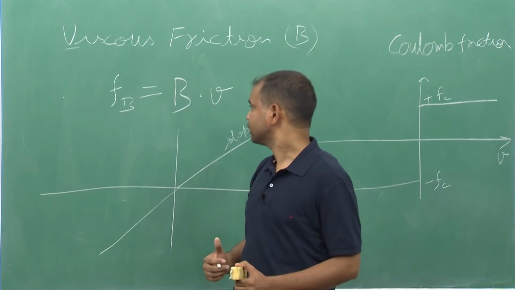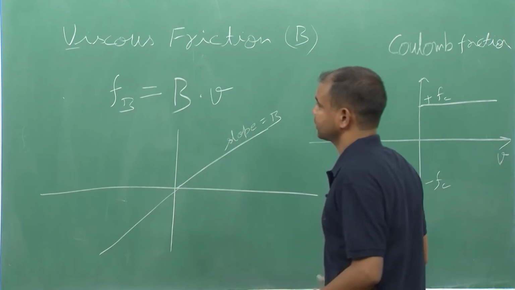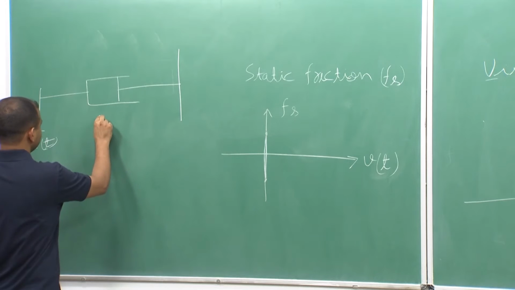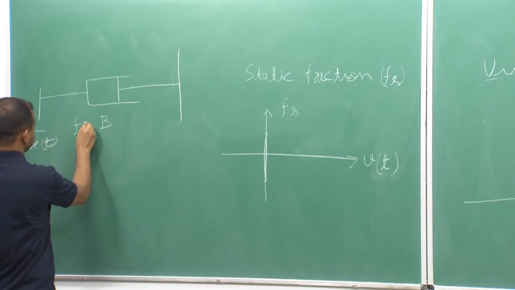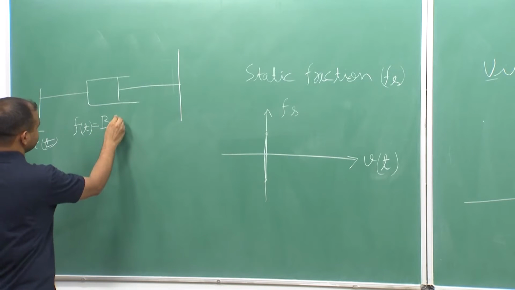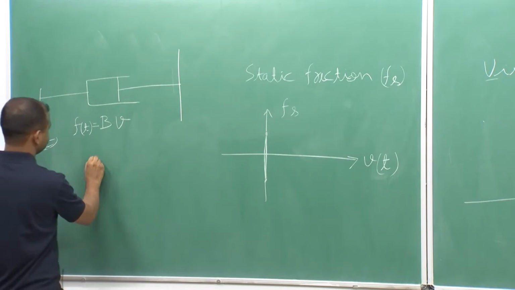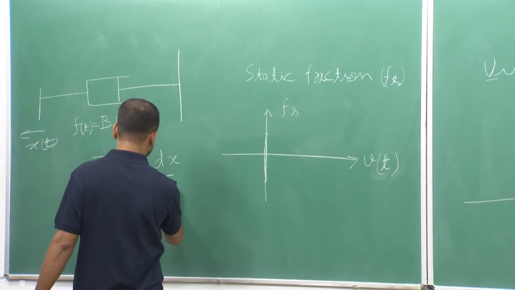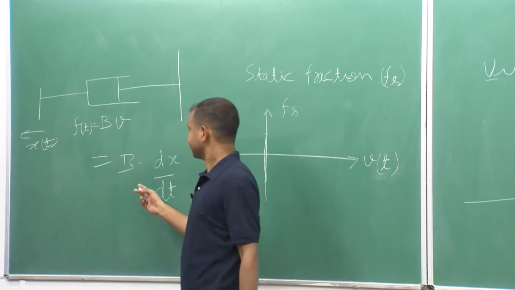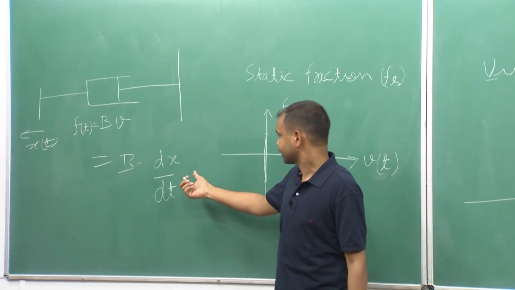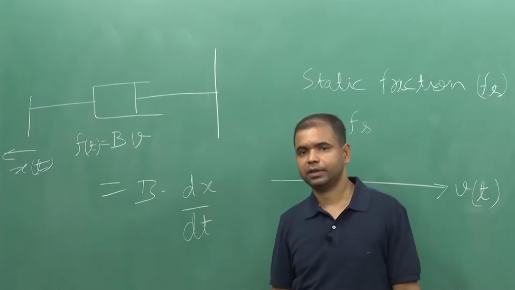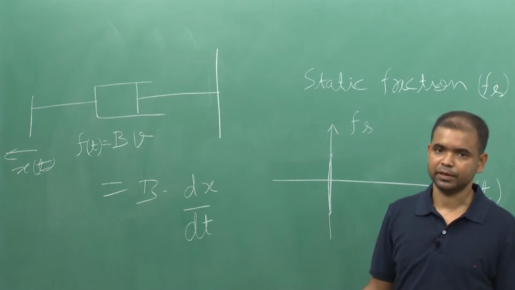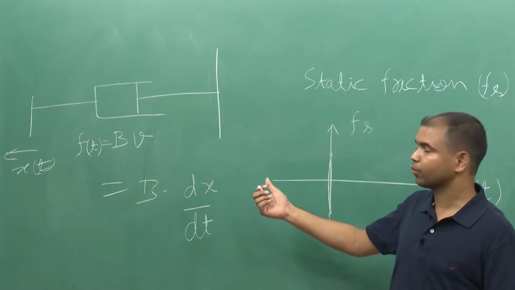So, we will ignore static friction and Coulomb friction, and the force due to viscous friction is b into v, or b into dx/dt. Whenever the force is proportional to the rate of change of displacement, it has an inherent tendency to dissipate energy from the system to the environment, and this causes damping. That is why you call it a damper also.